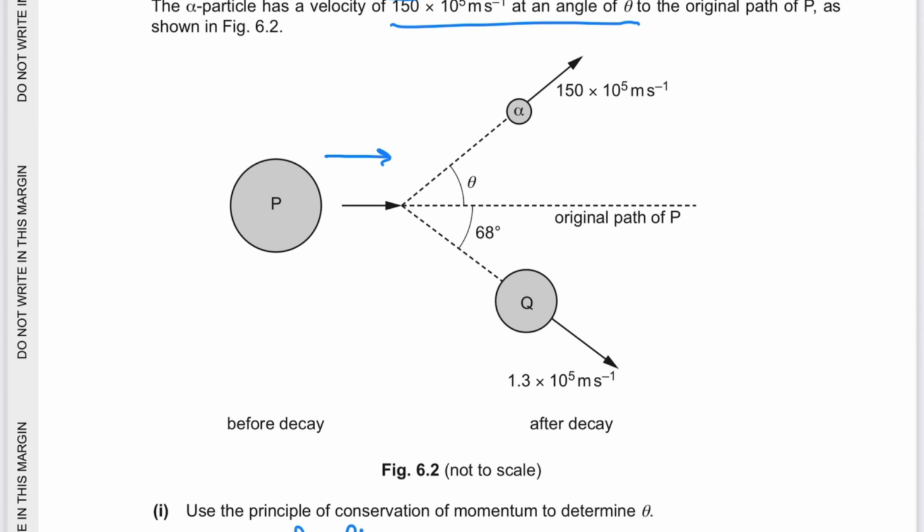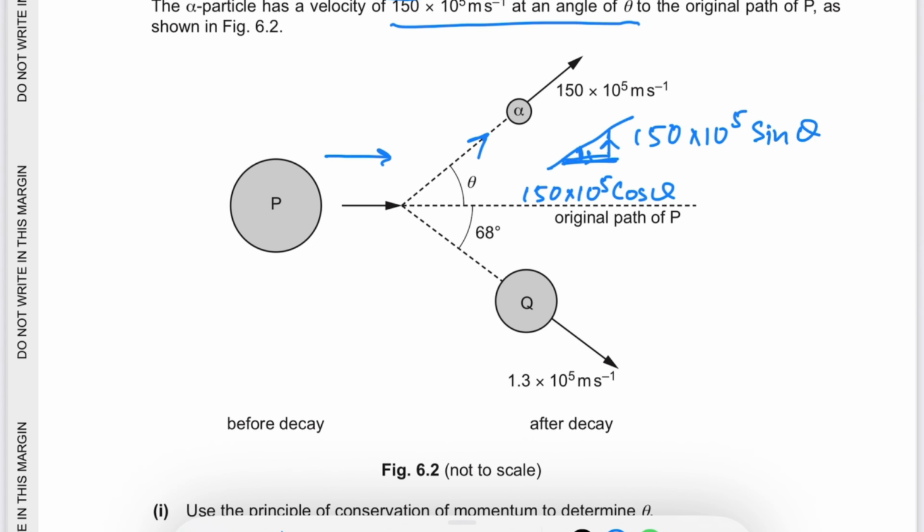Now that you are given the angles that the velocities of these particles make with the horizontal, let's split them into their horizontal and vertical components. So once again, the horizontal component would be, and the vertical component would be 150 sine theta.